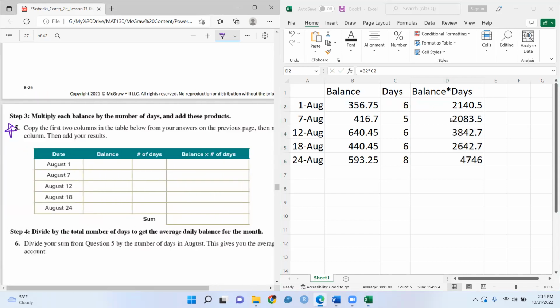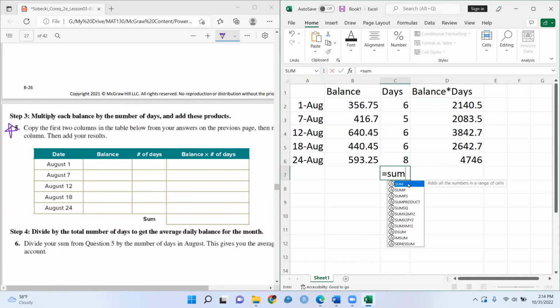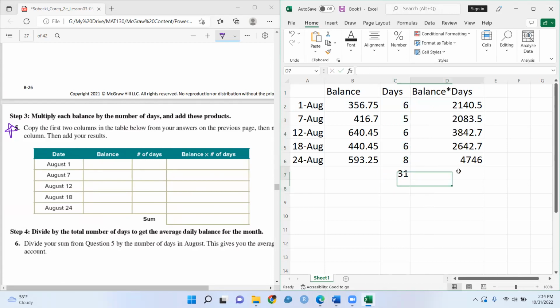So what we're then going to do is figure out how many days there are in August. That's the sum of these. We should know this better come out to be 31, otherwise we did something wrong. And here we're going to add up the balance times the days.